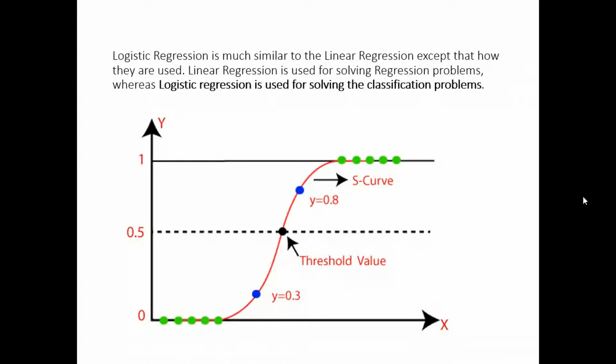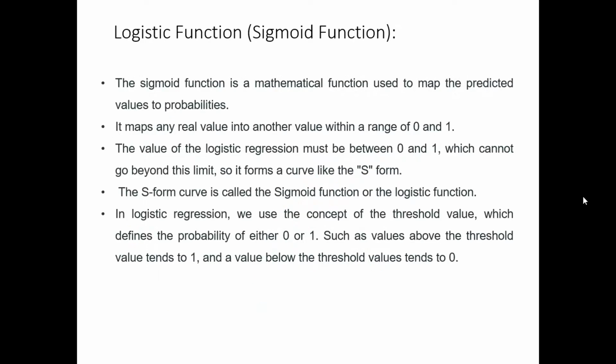We used a classification problem where we need the sigmoid function, which is very helpful in bringing the predicted value to probabilities. Any predicted value you get can be mapped on a plot.